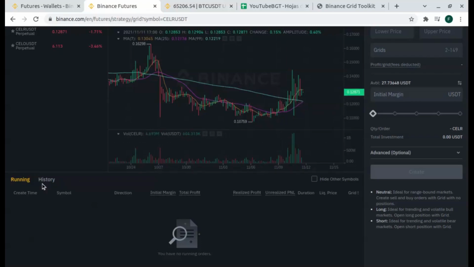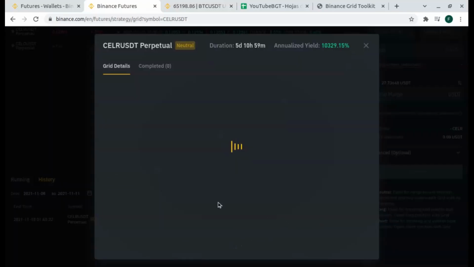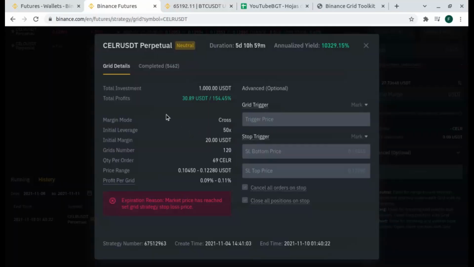And as we can see in the history, I have the grid which was terminated with a total realized profit of more than $30, duration more than 5 days, and the market price has reached the set grid strategy stop loss price. That's the expiration reason. This is the price that I set for the termination.